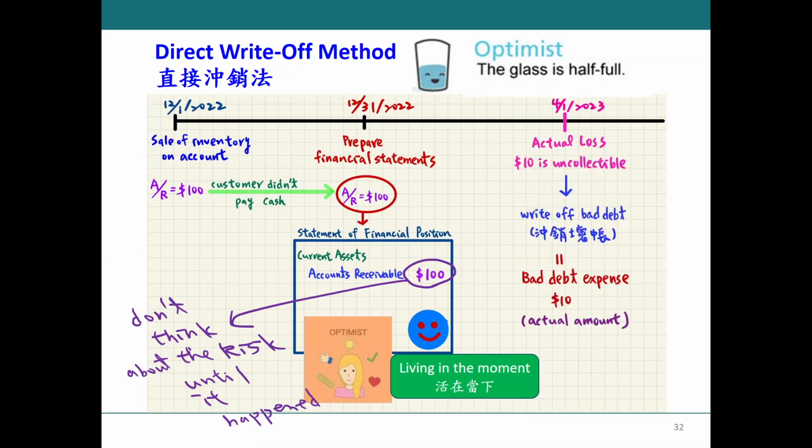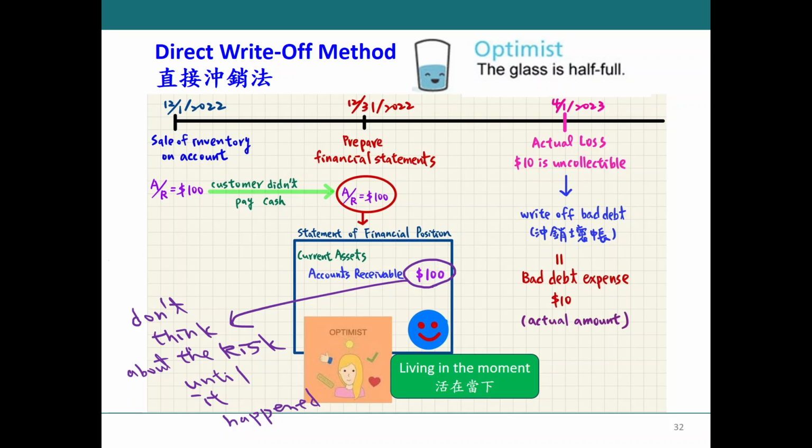In the future, when it really happens, you just record the risk. So if in the future, when I ask the customer, I find out the customer disappeared, so I really cannot get the $10 back, I just get $90 back. So the actual loss is $10. So in the future, when it actually happens, we will record it, right?